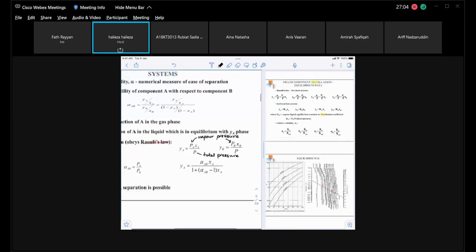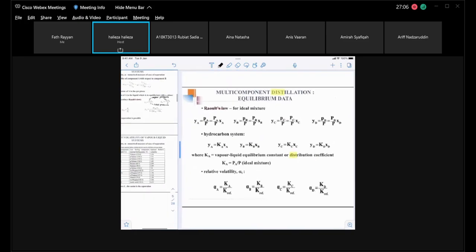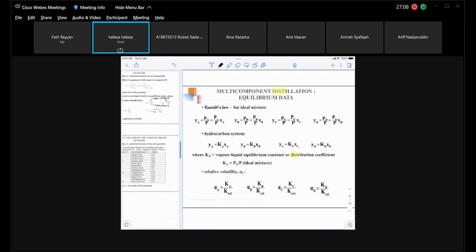So let's go back to our multi-component. And this is your partial pressure, the lowercase p. And the capital P with the subscript, let me highlight it, that is your vapor pressure for that component.